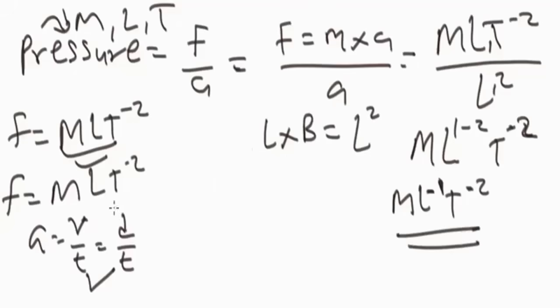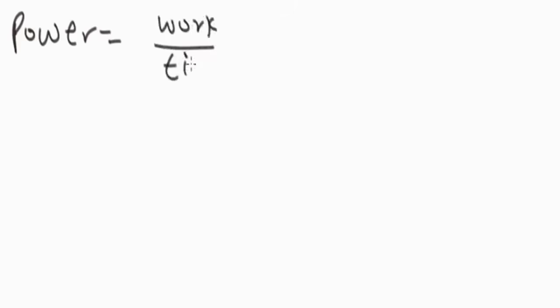So let's solve one more example, and after we can call it a class. If you are asked to find the dimension of power. As we know, power is calculated using work over time. And work can be calculated using force times distance over time.